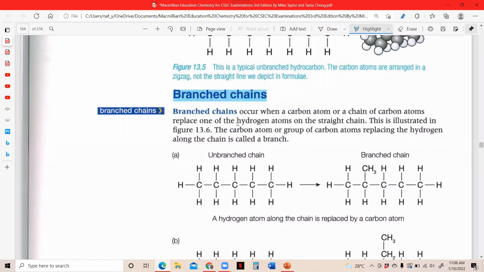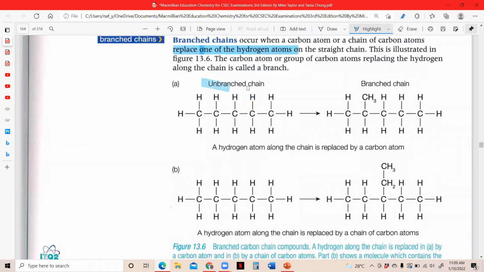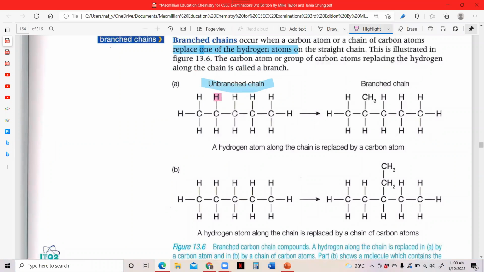So a branched chain is where you have one hydrogen atom on the straight chain being replaced. So let's look at this example. Here we have the unbranched chain. We have this carbon atom here. And what is going to happen is that it's going to be replaced, and we know about replacement in chemistry, with another group here.